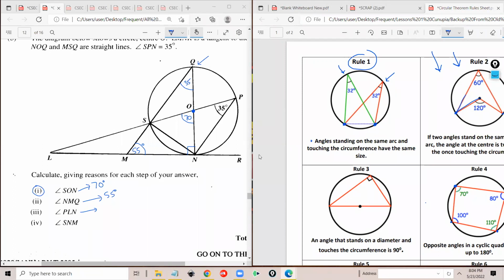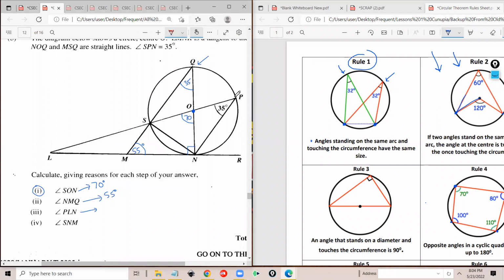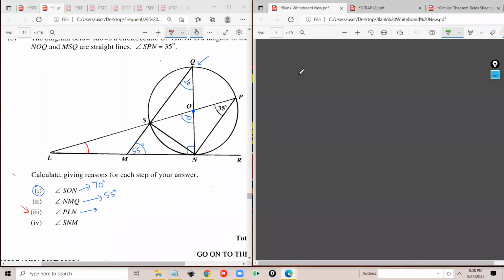All right, so PLN. Let me see what that one is about. Oh Lord, down here. It's this angle here. All right, so part 3, right? It took me a while to see this because it just has so many lines on this diagram here. But if you look carefully, right? LON. Let me just concentrate on that.